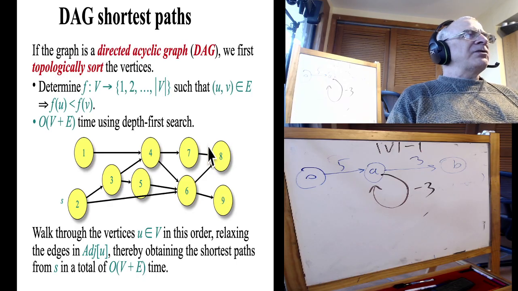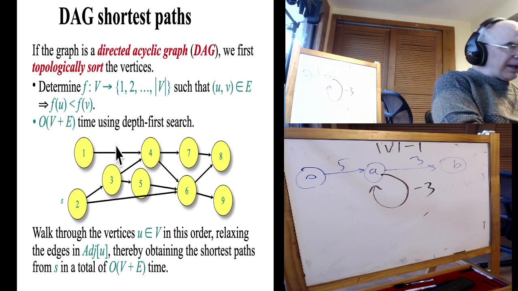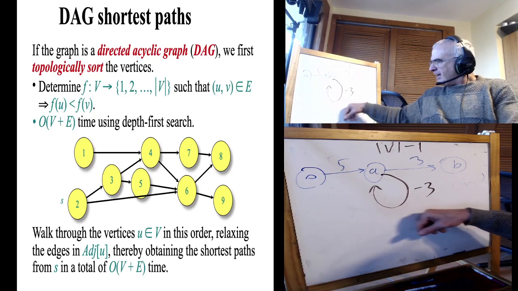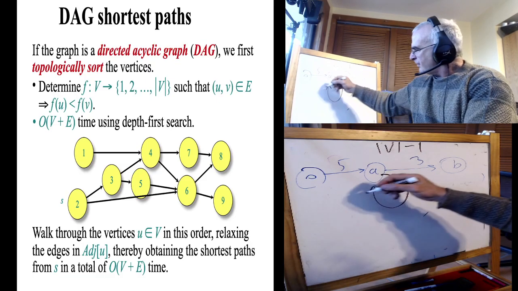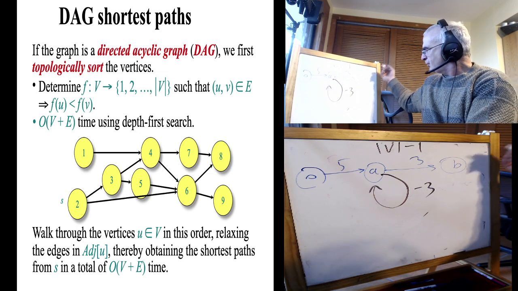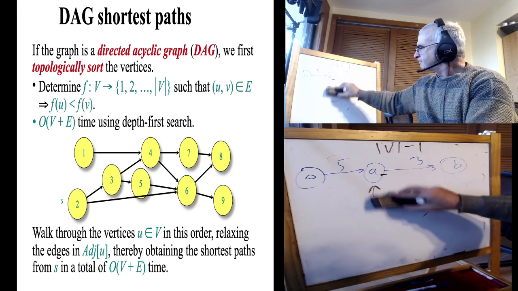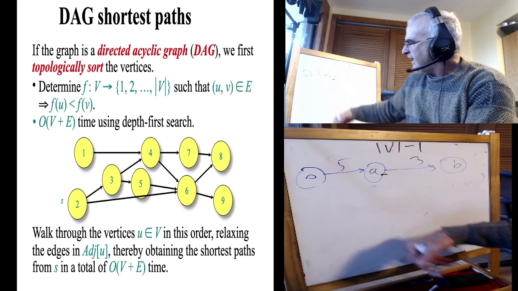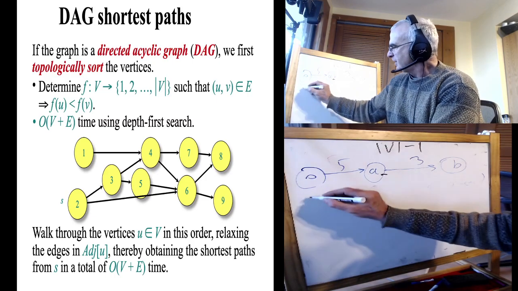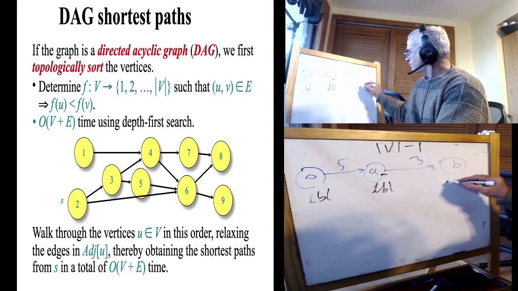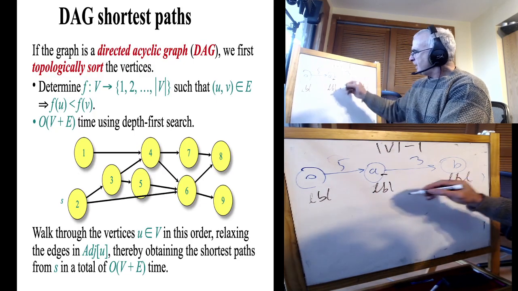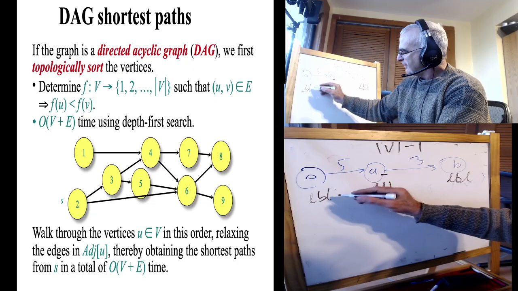And don't be confused, these numbers are the labels from Kahn's algorithm. They have nothing to do with the length of the edges. But if I'm looking for a path from S to B, and I'm looking at the labels of the vertices, each one of them has a label, and what am I sure about these labels?